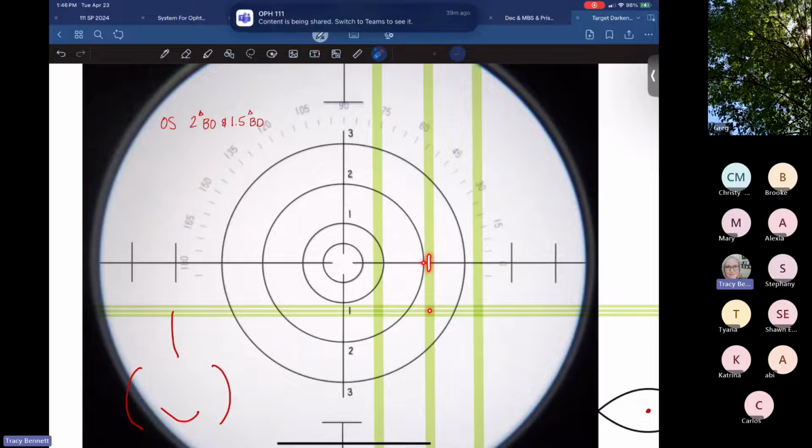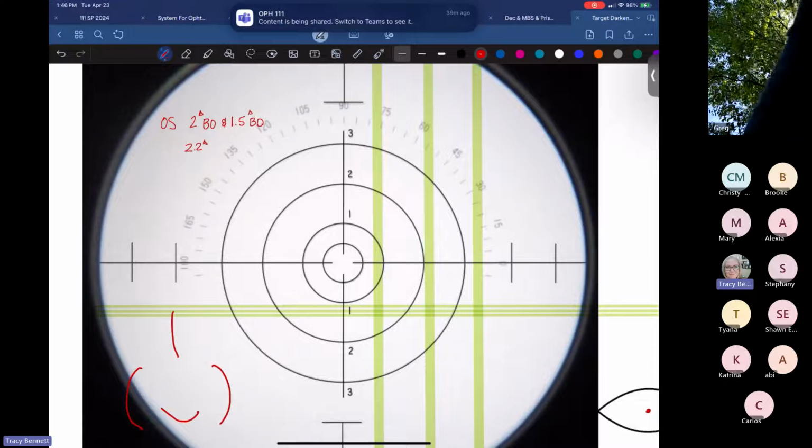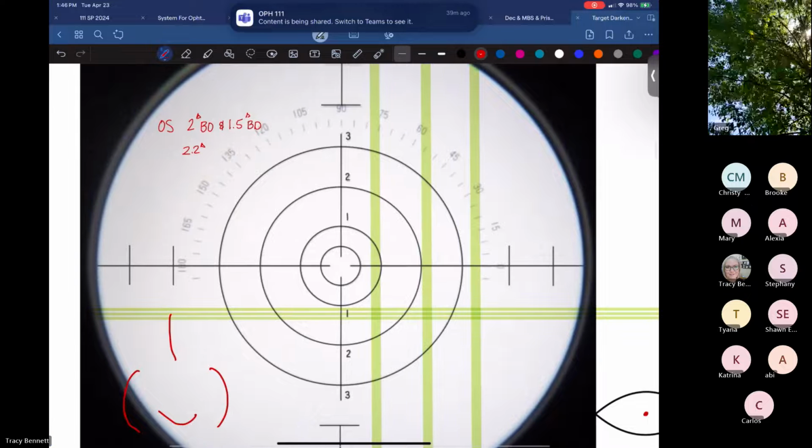Here's the 2, 3, and we're falling right about there. 2.25 maybe. Yeah, 2.1, 2.2. We'll go 2.2. The 5 is fine, you would have still gotten perfectly fine with that one, but we'll say 2.2.